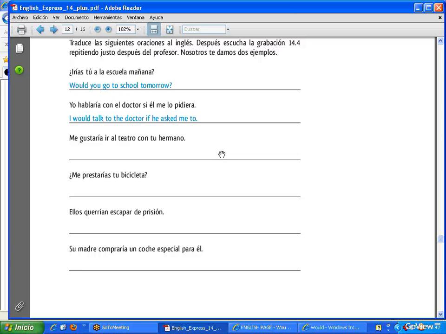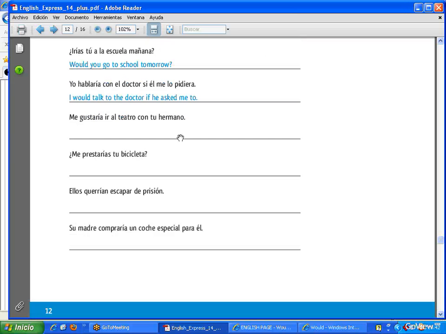Would you lend me your bicycle? This is a polite request. También. Okay? All with a conditional feeling. Would you lend me your bicycle if I need it? Si lo necesita. If I need it.